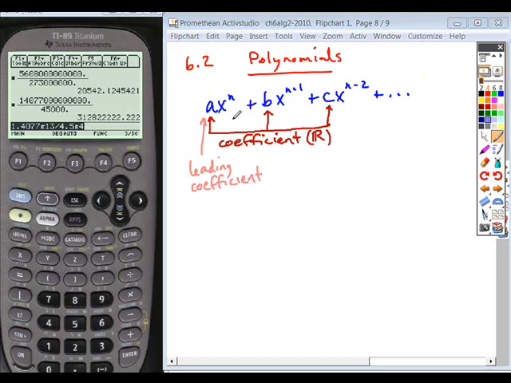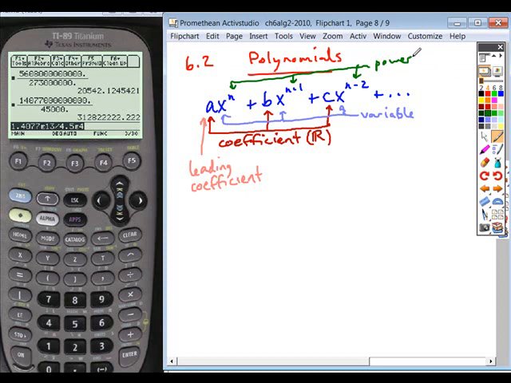The x's are just your variables. So they can represent one letter. It could be multiple letters as well. And then the powers to these exponents are represented by this n value.